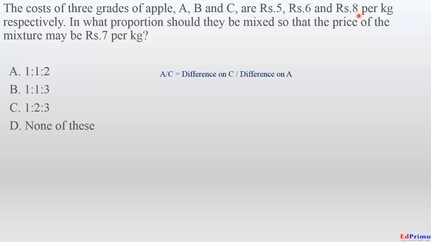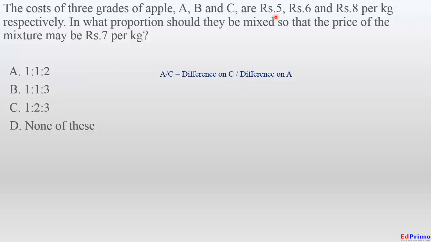We need to find the proportion of A to C at first, and then we'll find the proportion of B to C, and then we'll add them up, because we know that in order to get the final value of rupees 7, we cannot have a mixture of A and B, because a mixture of A and B will only result in a value that is below 7, which will be between 5 and 6, no matter what their proportions are.